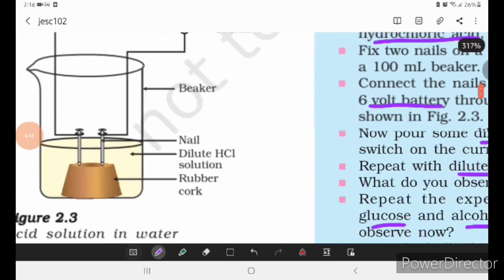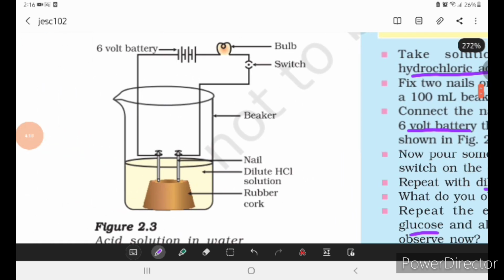So what this activity says is that firstly, take different solutions like glucose, alcohol, hydrochloric acid and H2SO4. Why only these four solutions? Because all these solutions contain hydrogen as their constituent. That's why we have chosen solutions having hydrogen in them.